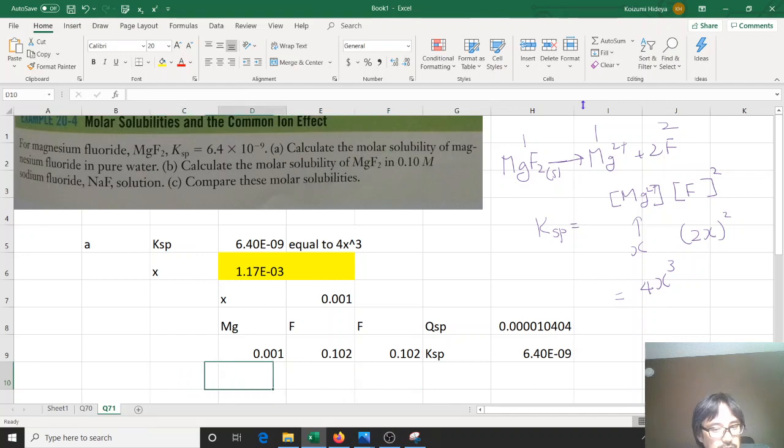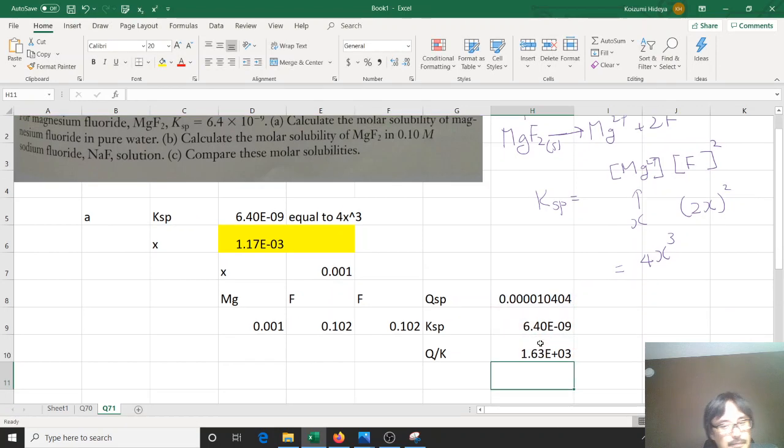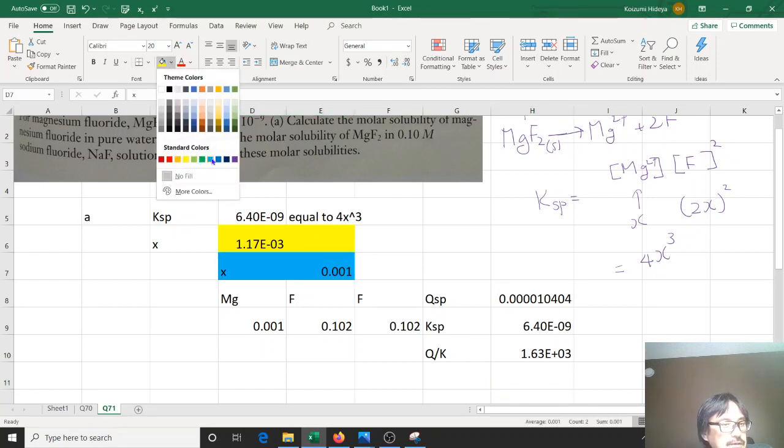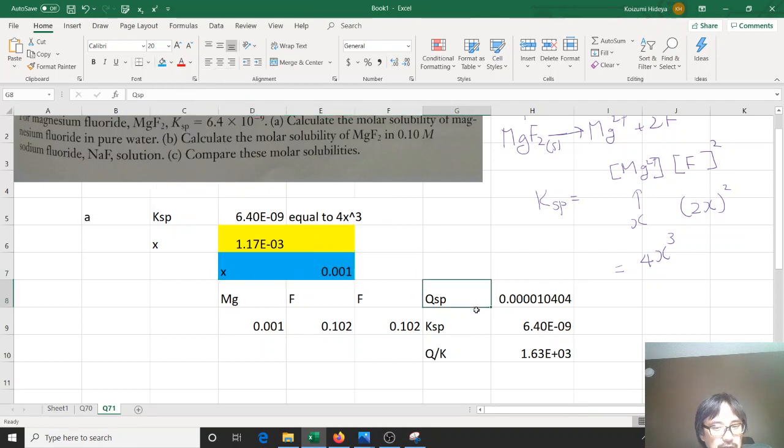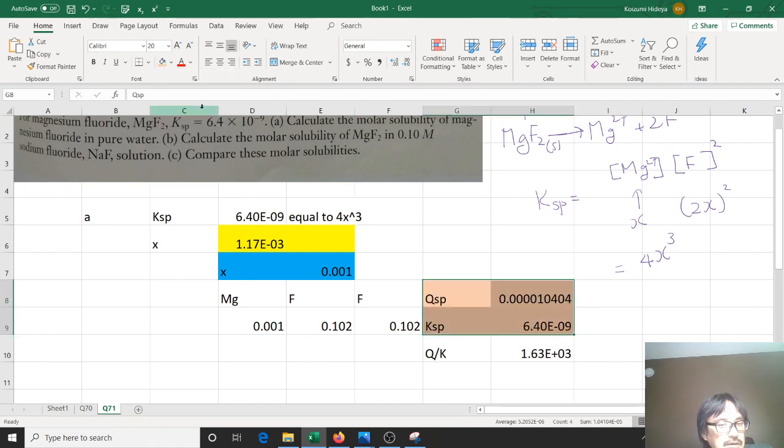So let's do Q divided by K. What is this thing? It's equal to this divided by that, right? And that value is supposed to go to 1 whenever Q is equal to K. So I want these guys to be exactly the same number.